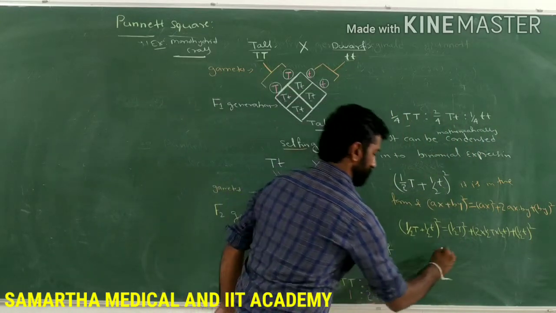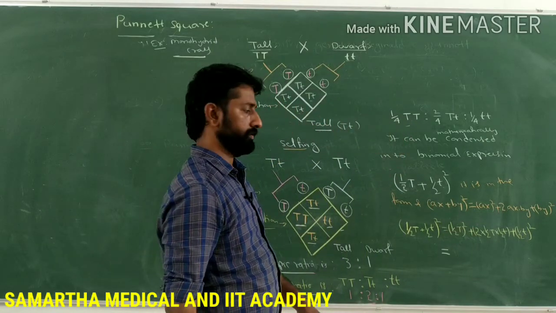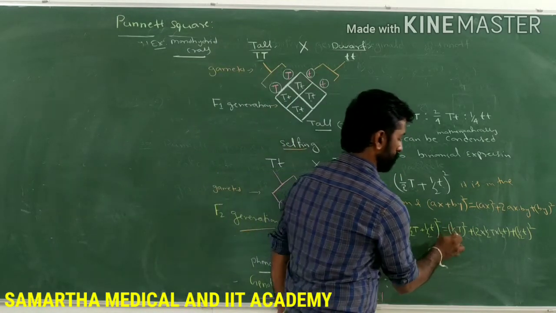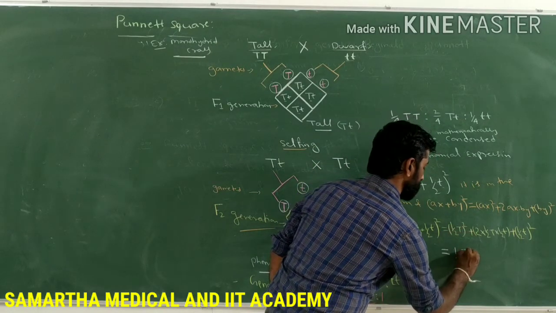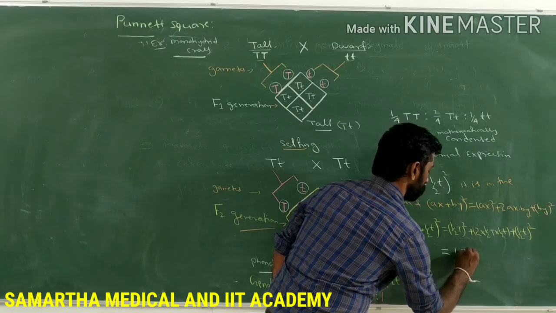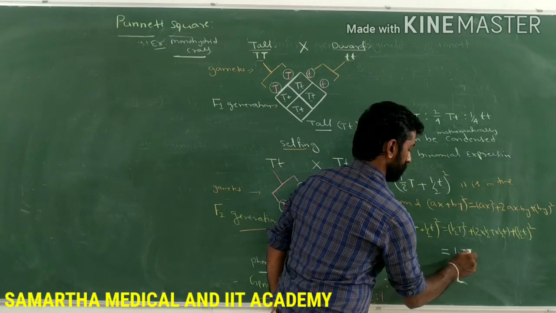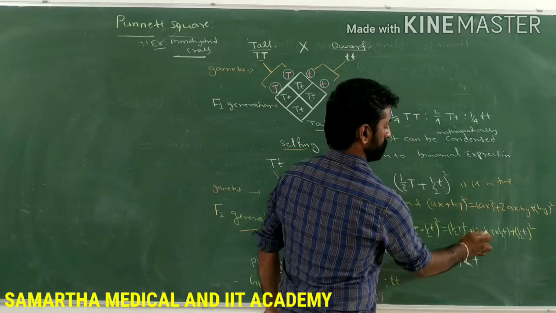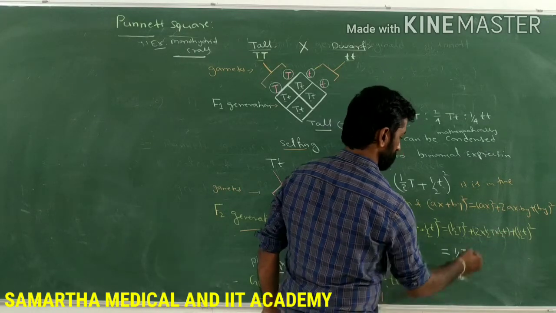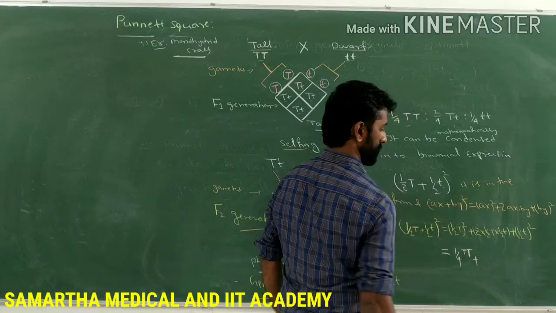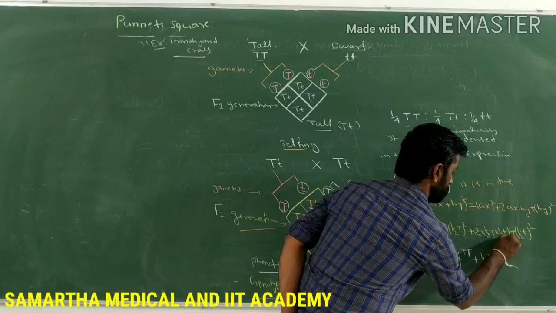If you simplify it, 1 by 2 whole square means 1 by 4. Instead of writing T square, I will write it as capital T into capital T. Similarly, the 2 and the 1 by 2 cancel, so we get 1 by 2 capital T into small t.